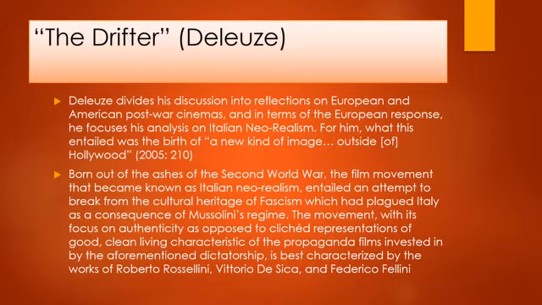And so, when Deleuze looks at Italian neorealism, he sees the birth of a new kind of image outside of Hollywood. And it's important to note, he doesn't just see it in Italian neorealism, he sees it in a whole bunch of film movements.